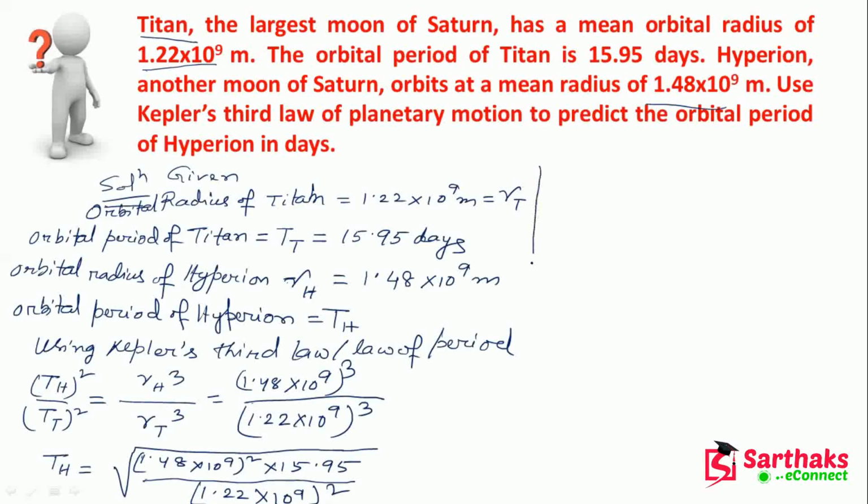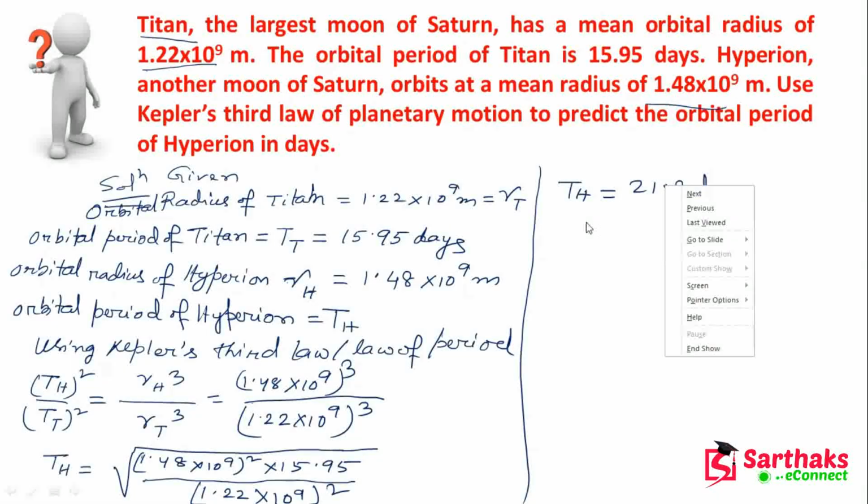So here I am writing TH equals 21.3 days. 21.3 days. Okay.